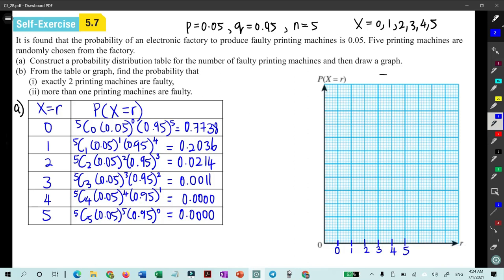The highest value is 0.77. When we round this to one decimal place, we get 0.8. So what I can do here is label 0.2, 0.4, 0.6, 0.8.